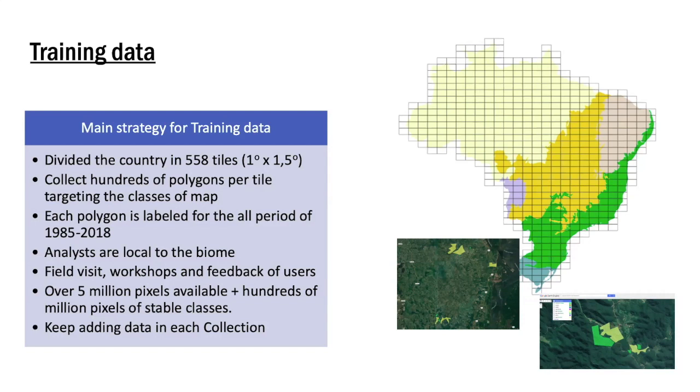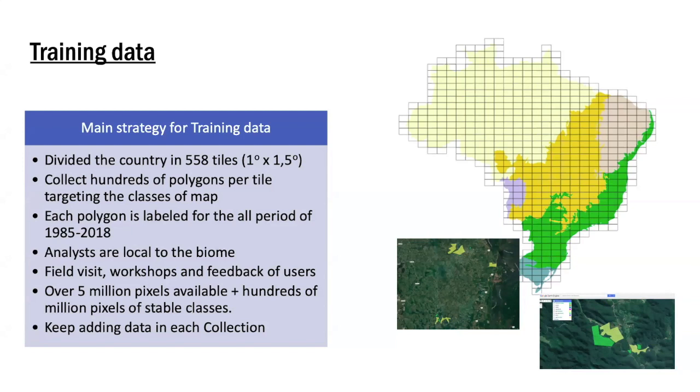So they try to design the polygons on areas that were stable as that class during the whole period of the analysis. So you have 34 years of this tile as a forest, and you know that this is a forest in all the process. So you guarantee that this is a good sample for all the period.